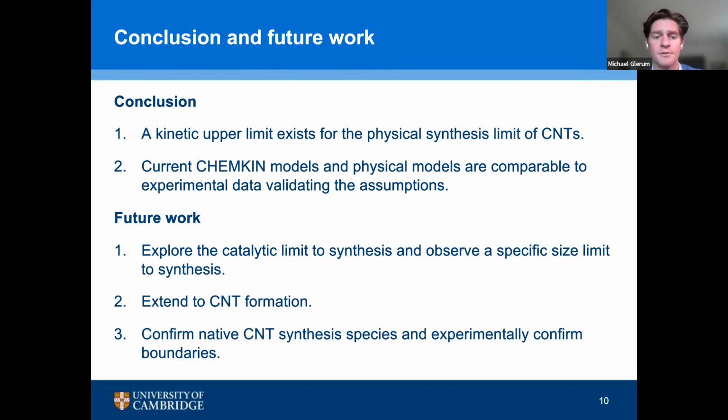What I'd really like to do is extend these ChemChem models to carbon nanotube formation. And I think what we all in the carbon nanotube world would like to know is what exact species forms carbon nanotubes, and then also to experimentally begin to map out those boundaries, to see how closely our model matches with what we see experimentally.